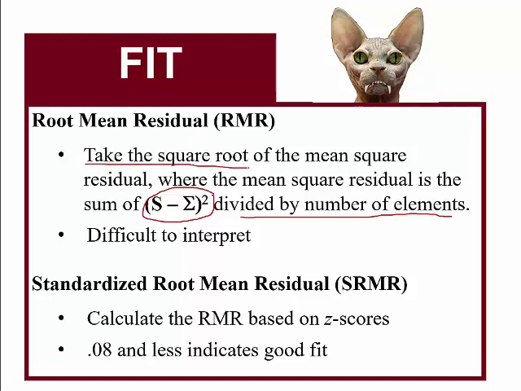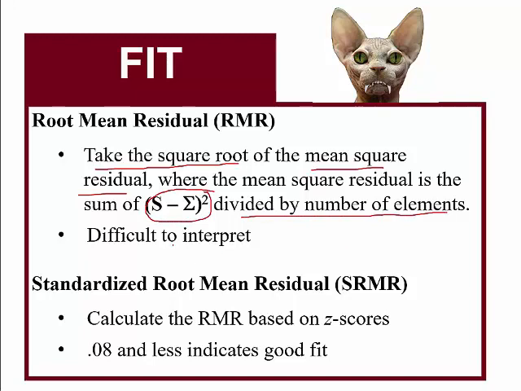If we take the square root of our mean squared residual, that will give us the thing we call the root mean residual. So the root mean residual is simply the square root of the mean square residual, where the mean square residual is the sum of the squared residuals divided by the number of elements.